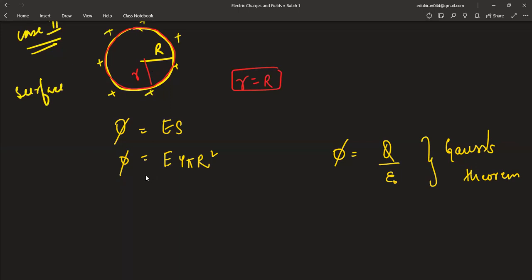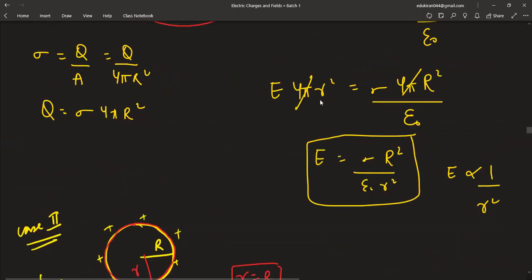So this eases our answer. E into 4 pi r square is equal to sigma into 4 pi R square. Here was the difference: there we had capital R square and small r square, that's why we got that type of answer, because this R and this r couldn't be cancelled.